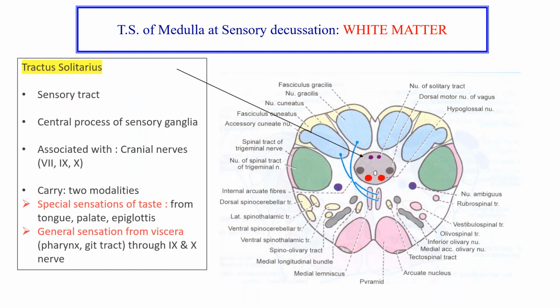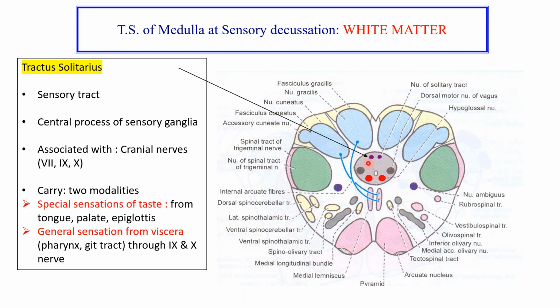Now we come to the nuclei in the central gray matter. The nucleus of tractus solitarius. This is a sensory nucleus associated with cranial nerves 7, 9, and 10.